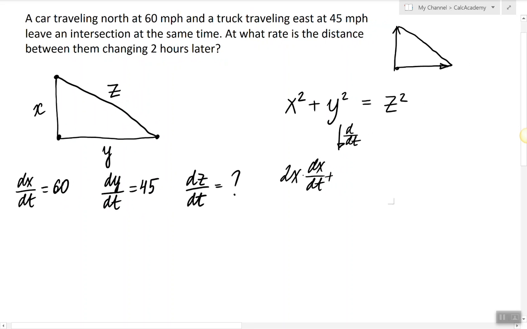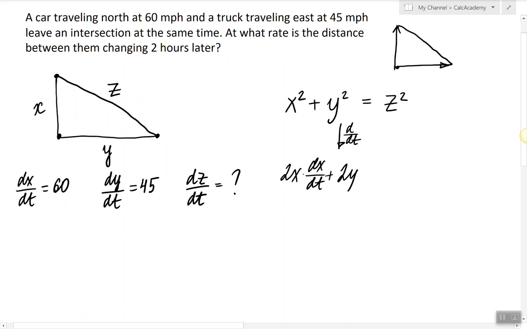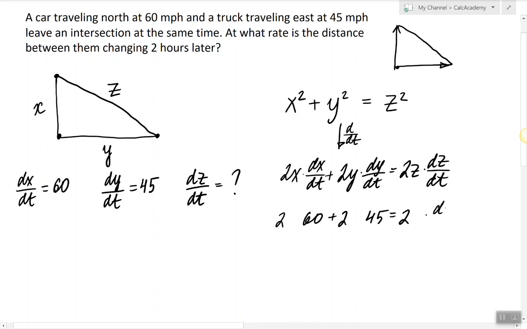Similarly, we take the derivative of y squared and z squared. Now, we know almost everything in this formula, so dx/dt is 60, dy/dt is 45, dz/dt is something that we're looking for.